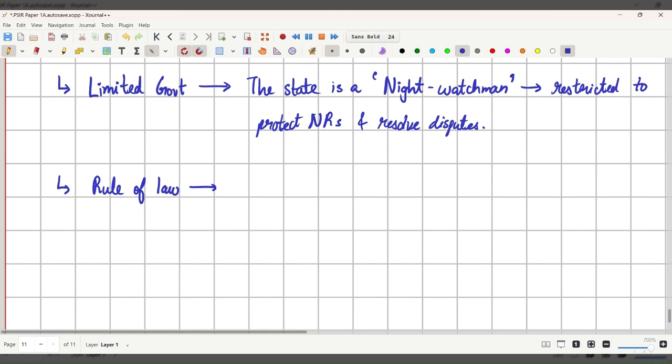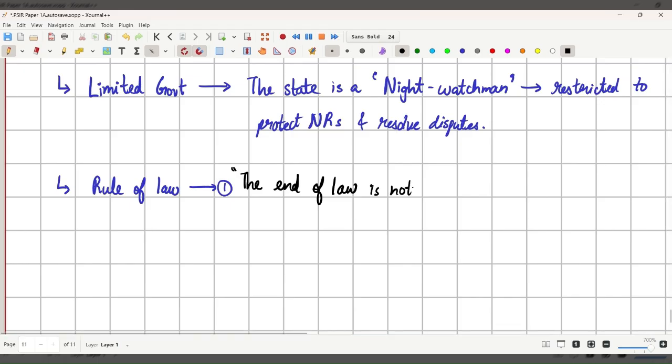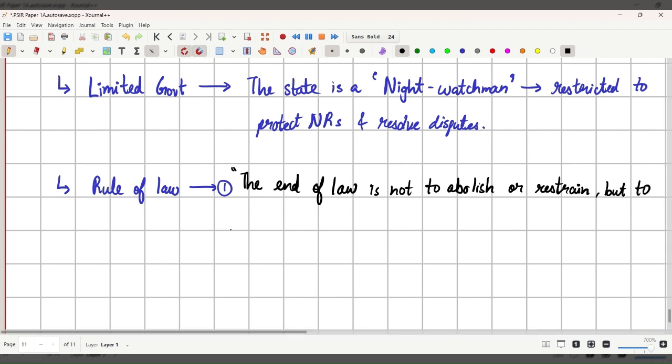According to him, the end of law is not to abolish or restrain, but to preserve and enlarge freedom.